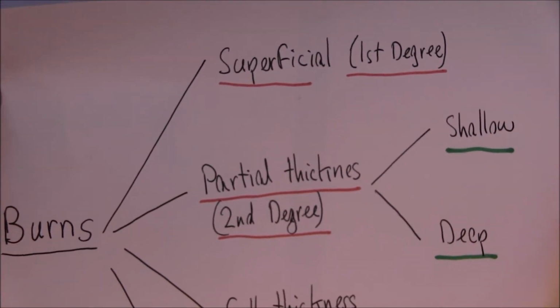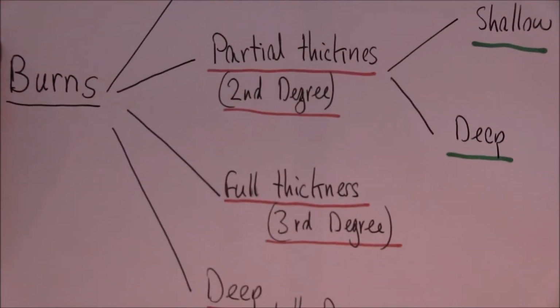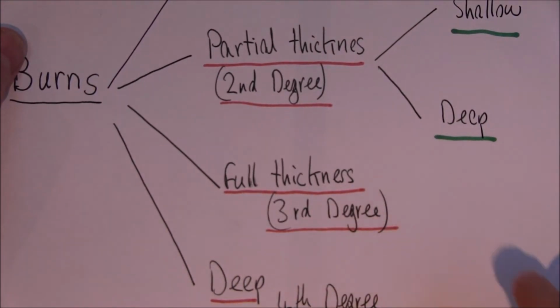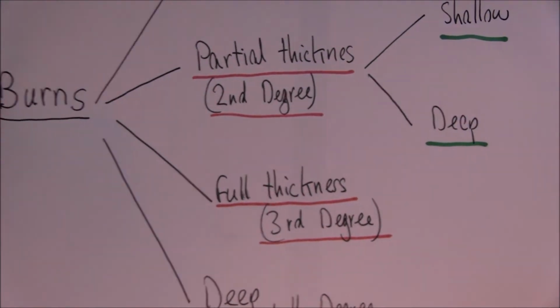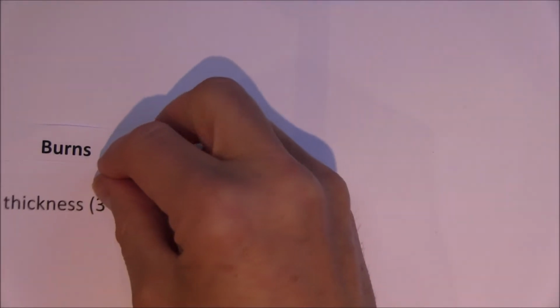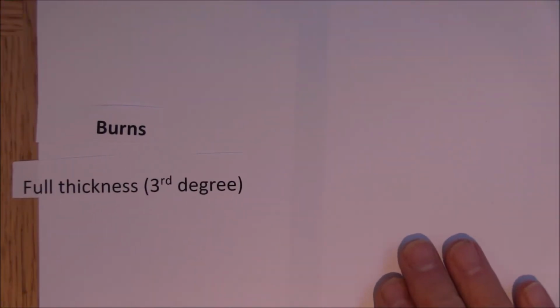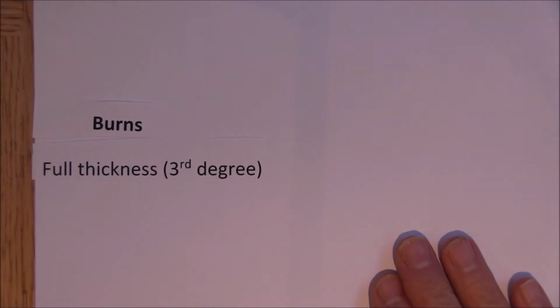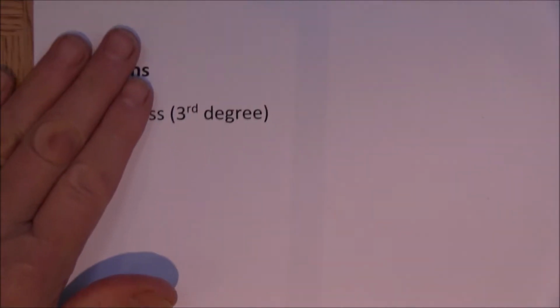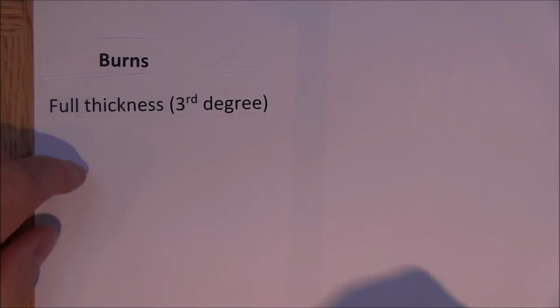So the next classification of burn we want to look at are the full thickness or the third degree injuries. So burns, full thickness or third degree. Now in these burns, all the thickness of the skin is lost.